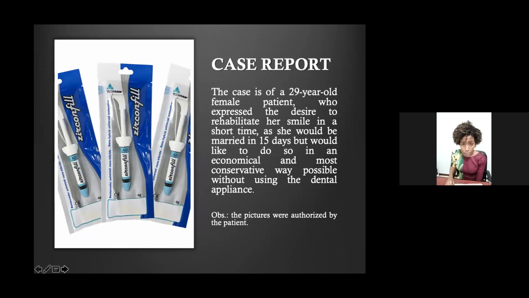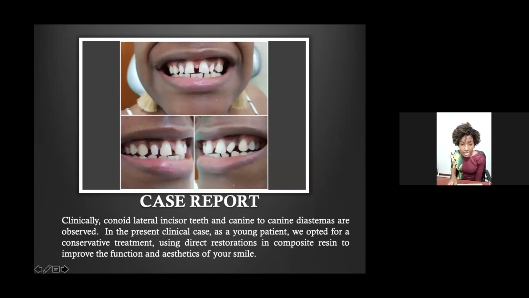In my case report, I'm going to speak about a family patient who presented a desire to rehabilitate her smile, and I'm going to use Zircon resin to make the restoration. In the next slide, you're going to see that clinically the patient has conoid lateral incisor teeth and canine to canine diastemas are observed.